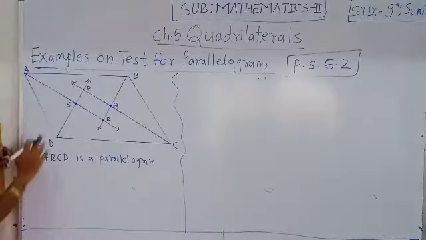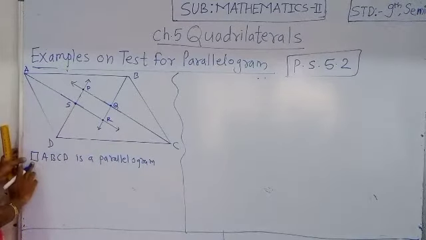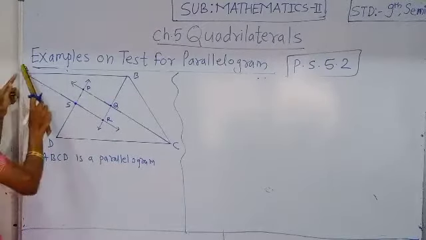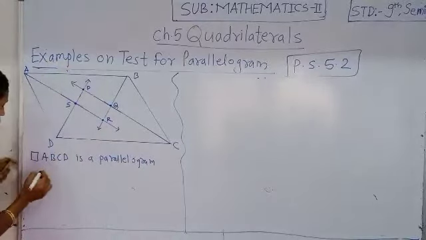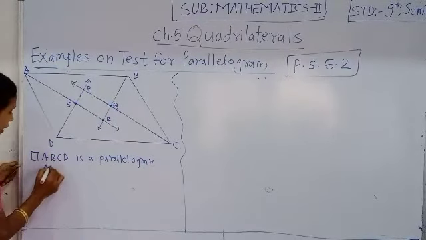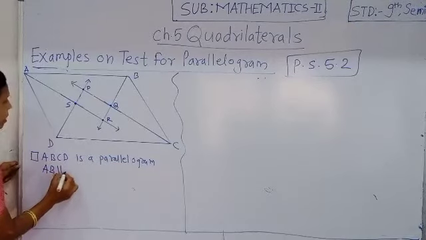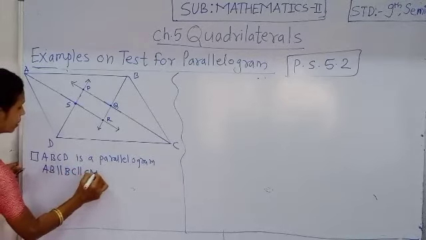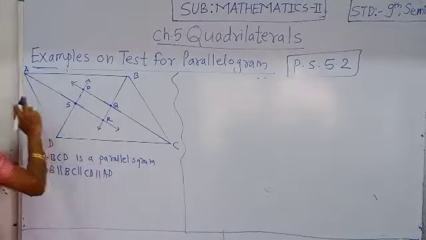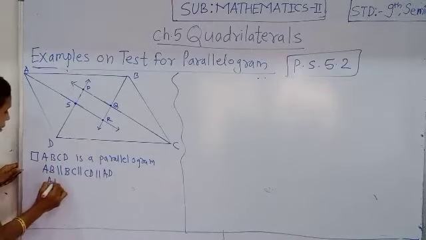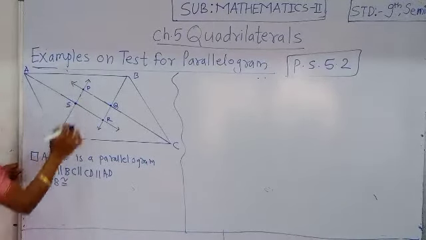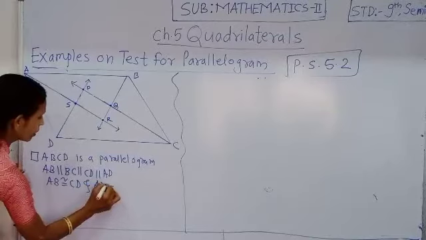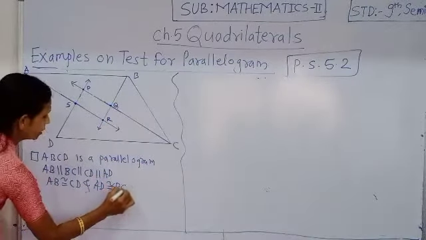Then we have to prove this property from the given condition. First of all, we have to write quadrilateral ABCD is a parallelogram. Therefore, as ABCD is a parallelogram, we can write AB parallel to CD, BC parallel to AD, as well as AB congruent to CD and AD congruent to BC.